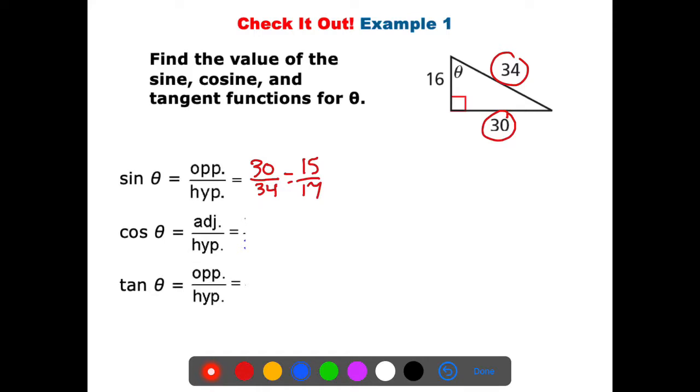Your cosine would be 16, which is your adjacent, over 34, which is your hypotenuse, which reduces to 8 over 17. And your tangent is your opposite over your adjacent, so that is 30 over 16, which is 15 over 8.